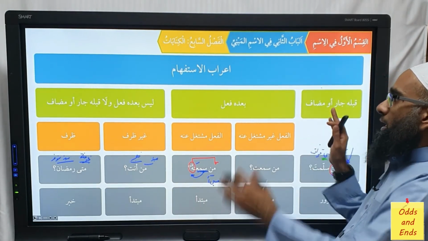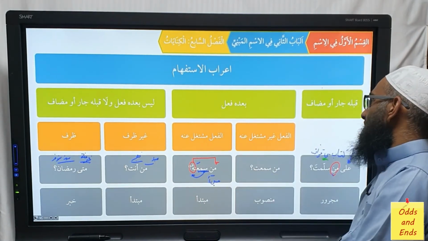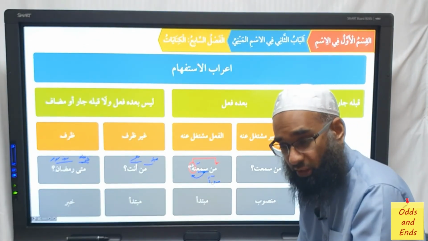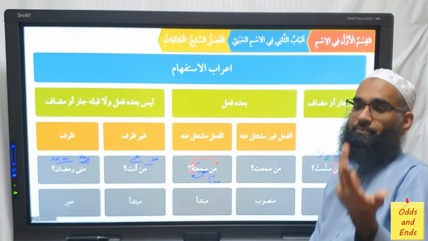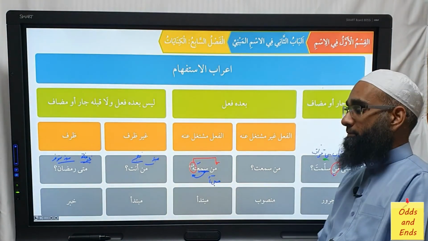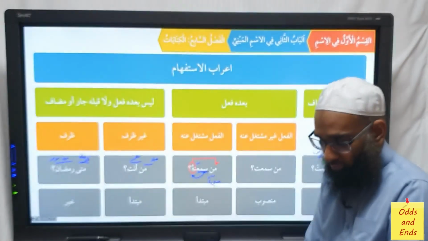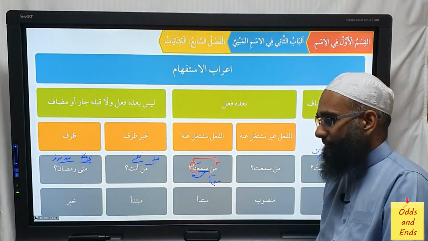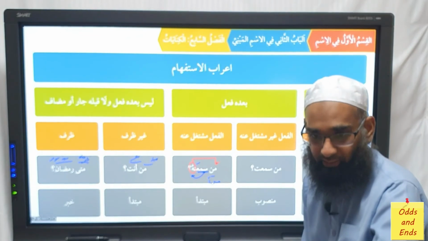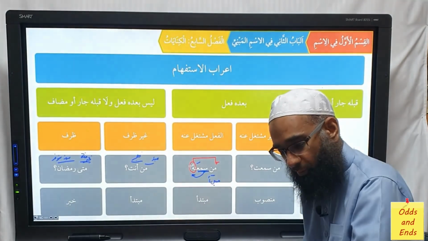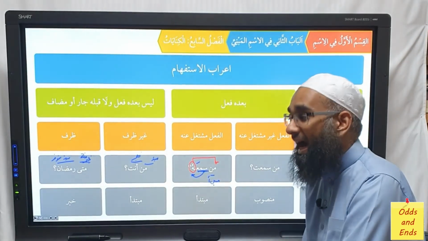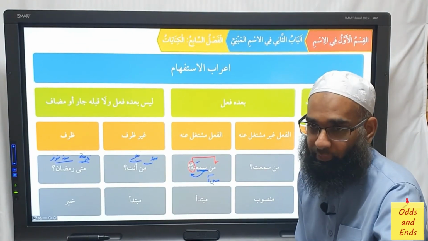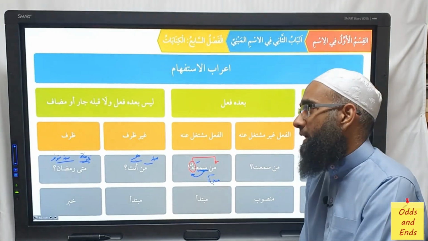So in summary, if there's a harfun jar or a mudaf before the istifham, it will become majroor, either majroor by the harfun jar or majroor by mudaf ilayhi. If there's a fa'il after it, then it becomes the ma'mul of the fa'il. It will either become the maf'ul bihi or the hal or whatever, unless the fa'il is mushtaghil anhu. If the fa'il is mushtaghil anhu, it becomes mubtada.